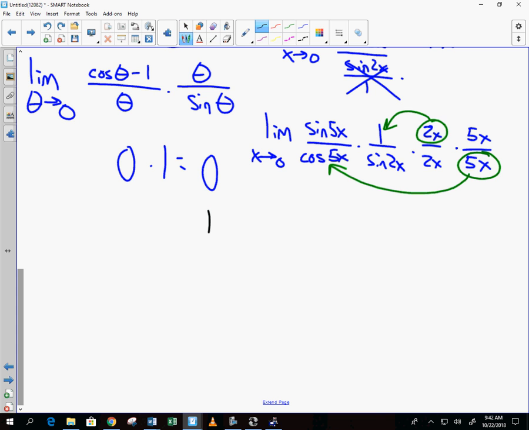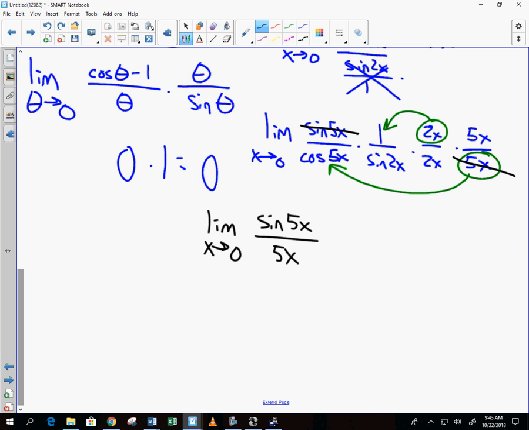So I have the limit as x goes to 0 of sine of 5x over 5x. Oh, that makes me so happy to write that, because we know what that is. So this is gone, and that's gone.